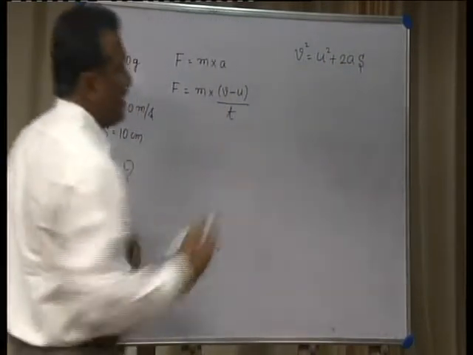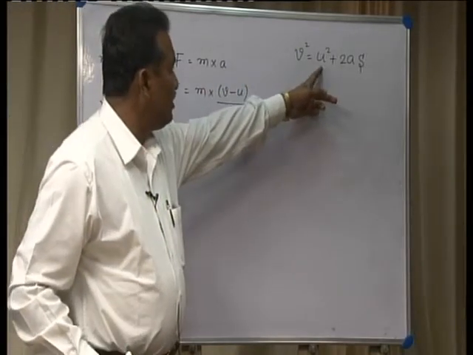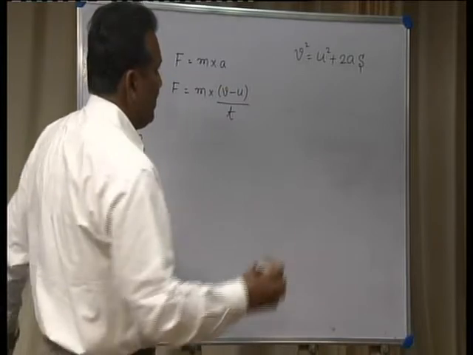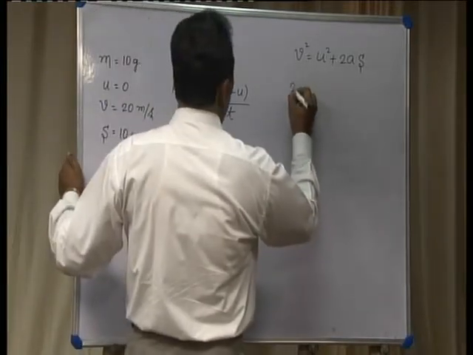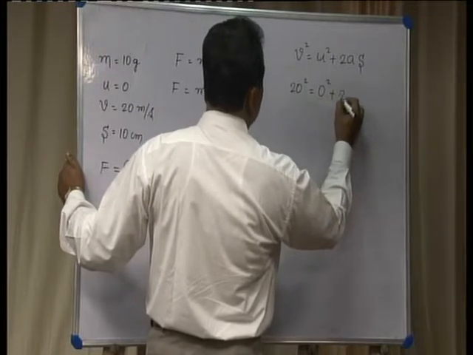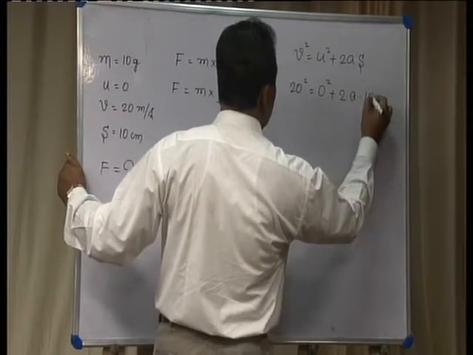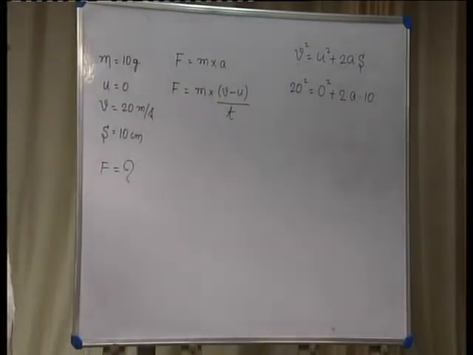So, directly you can calculate the acceleration by using that formula because V is given, U is known, S is also given. Therefore, V is 20, so 20 square is equal to 0 square plus 2 into A into S, S is 10. First, think whether all these are in SI system or not.